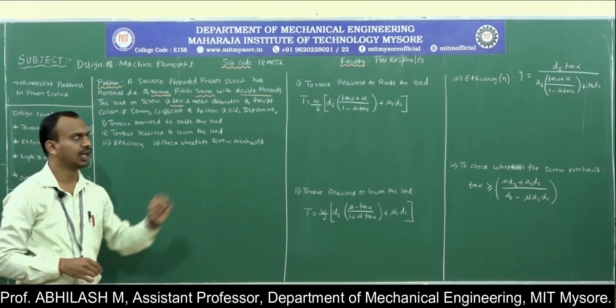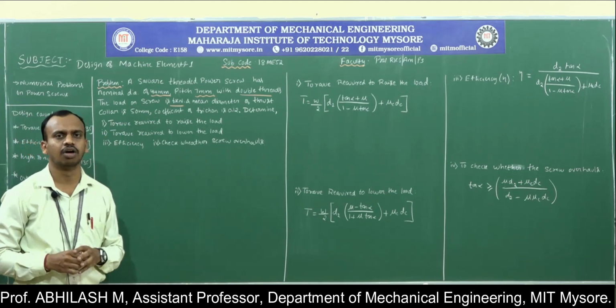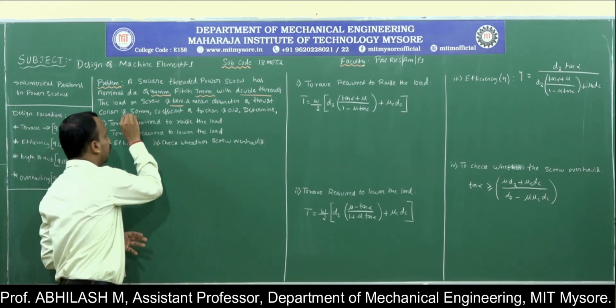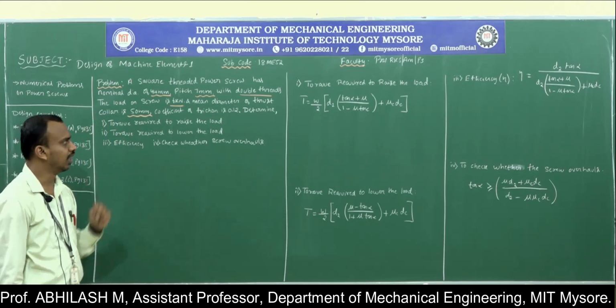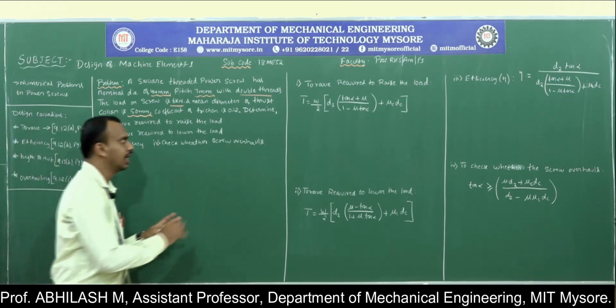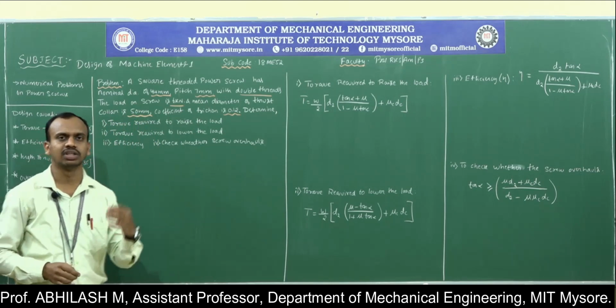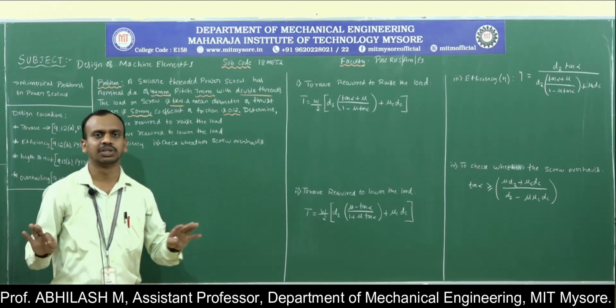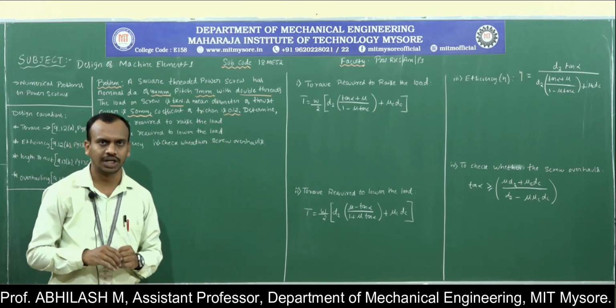The mean diameter of the thrust collar is 50 millimeter. Then the coefficient of friction: here they have not mentioned whether it is with respect to the screw or with respect to the collar. They have just specified the coefficient of friction is 0.12.